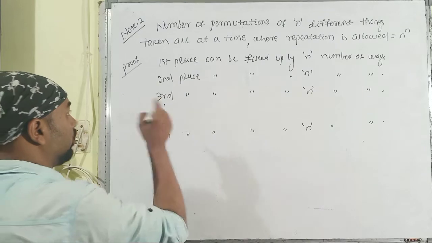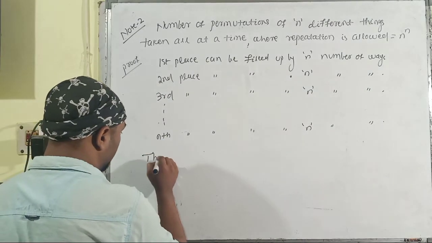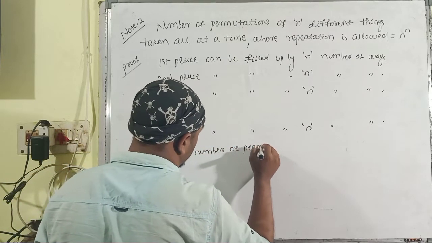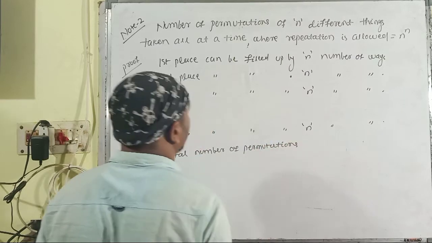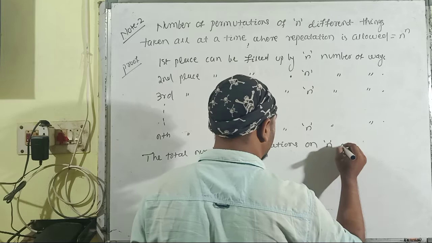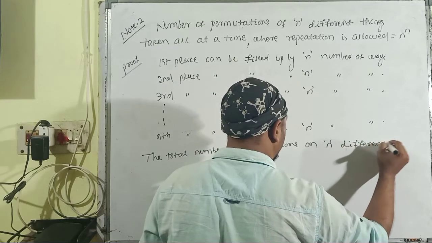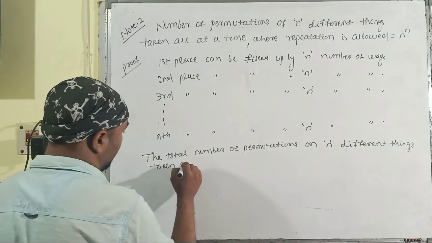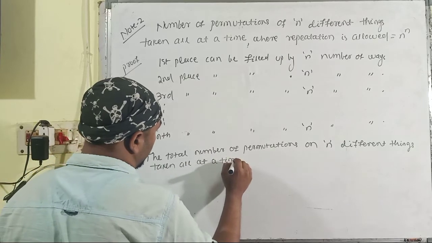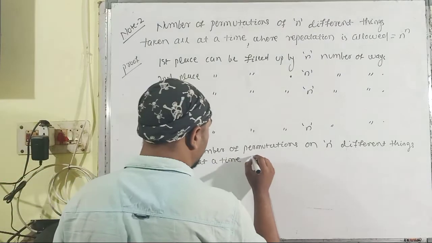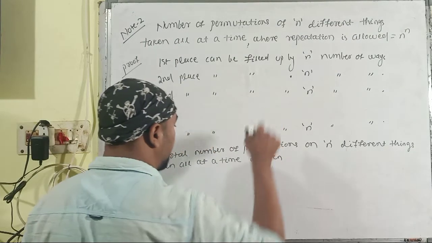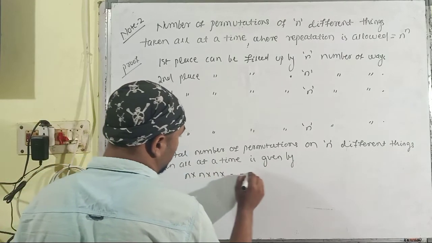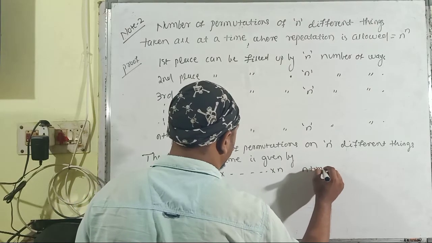Hence, the total number of permutations of n different things taken all at a time, where repetition is allowed, is given by n multiplied with n multiplied with n, and so on, n times.